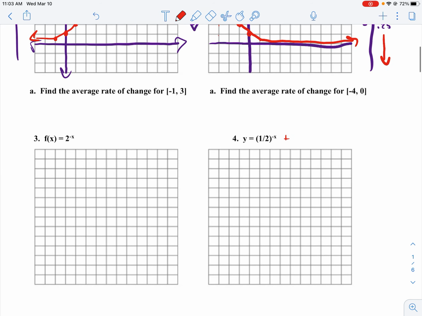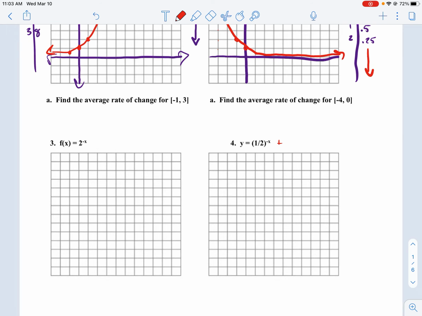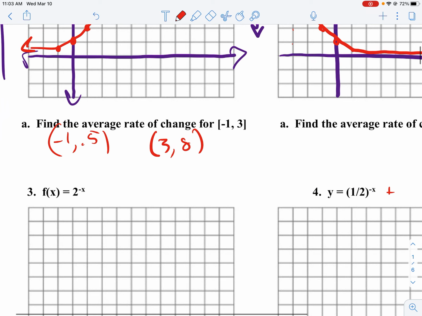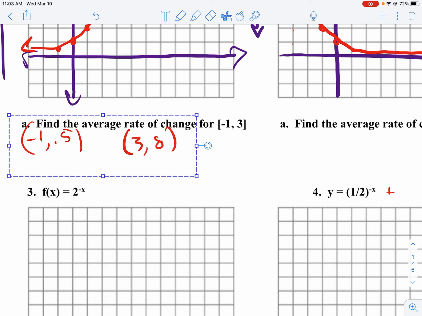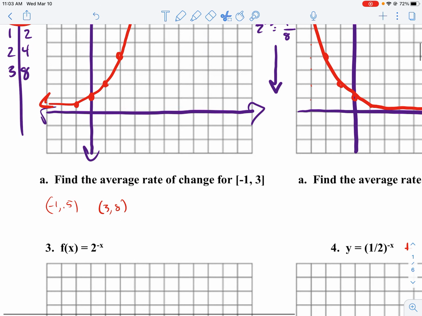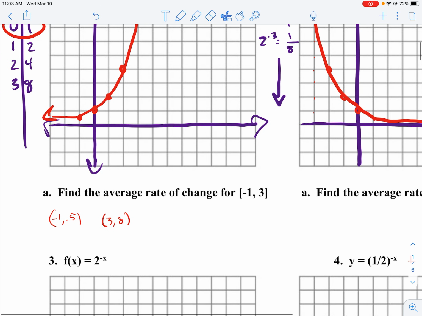Okay? And then it's asking for the average rate of change. So it wants to know what is the average rate of change when x is equal to negative 1, which in this case is 0.5, to when x is equal to 3, which in this case is 8. First you're going to say that it's going to be something positive, because we are going up between those 2 points.